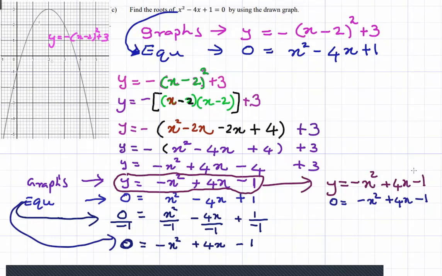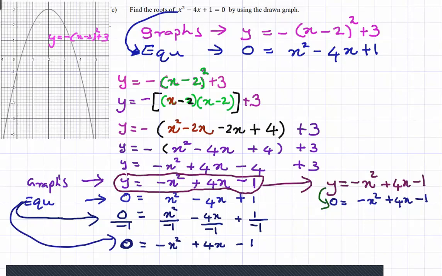Now, in the equation we are supposed to solve, who is playing the role of y? In the place of y, what do you see? 0. So what they have indirectly asked us is, when y is 0, what are the values x should take? Right? Because 0 is playing the role of y.